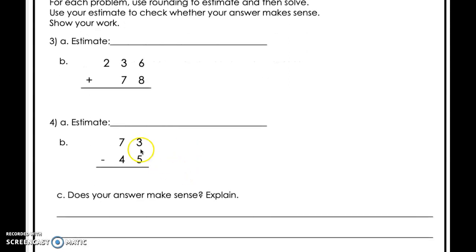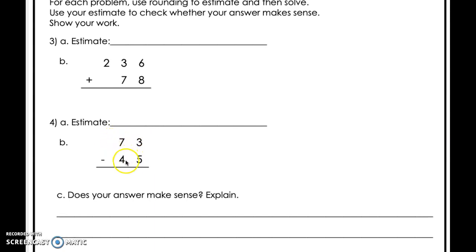Now let's do the real thing. First of all, if you have 3 pieces of candy, you cannot give me 5. So I'm going over here to the neighbor and I'm going to borrow. So this is going to turn to a 6. Then I'm going to bring the 1 over here. This is going to be a 13. 13 minus 5 is 8.